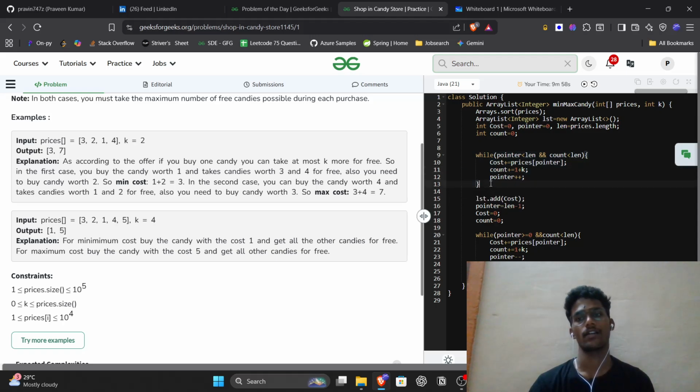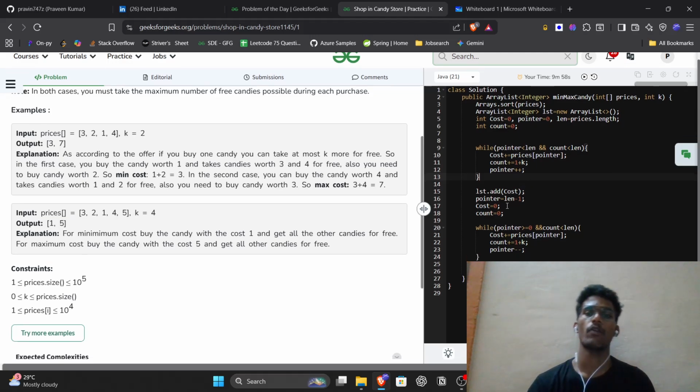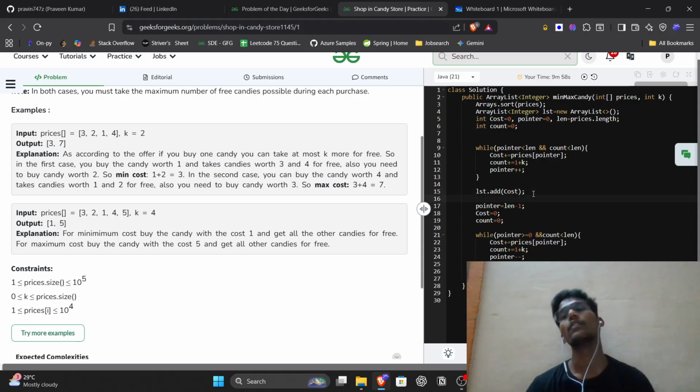That's it. And I add it to the array list, and now I have to figure out the maximum amount required to collect all those candies. For that, I am making the purchase from the reverse order of the array.